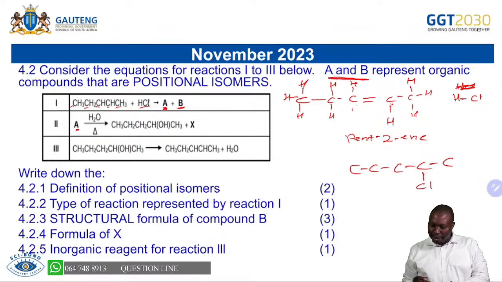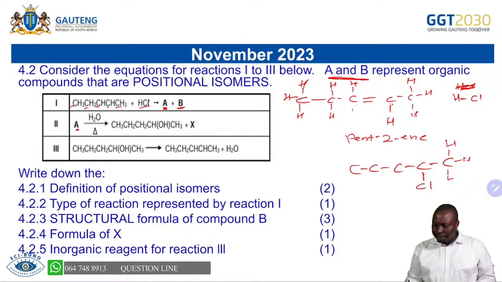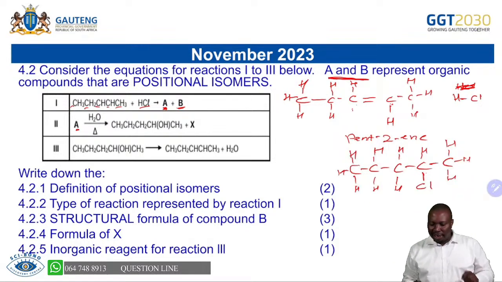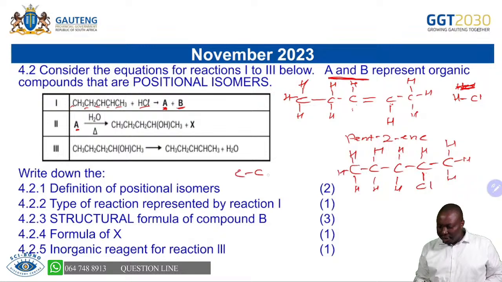So that is the other option. The chlorine is in carbon number 2. The other option, we are saying the chlorine is in carbon number 3. So for the other option, I can write the same 5 carbons, but I'll put chlorine in carbon number 3. Hence, we are saying these are positional isomers, and we are moving with them like that.